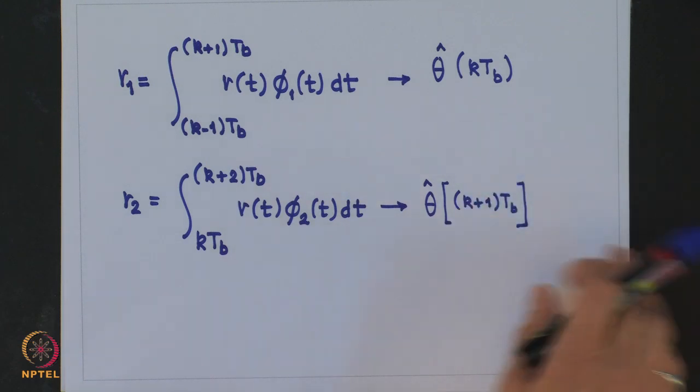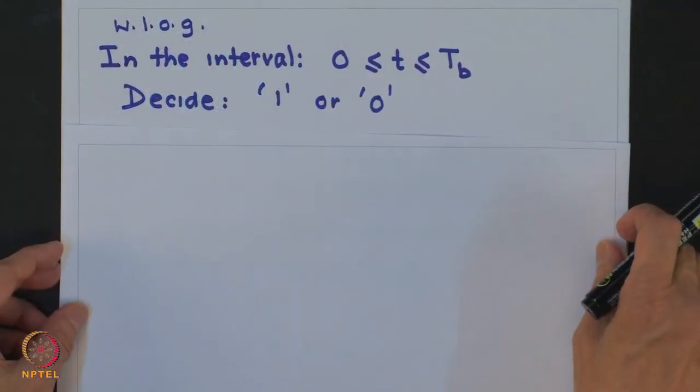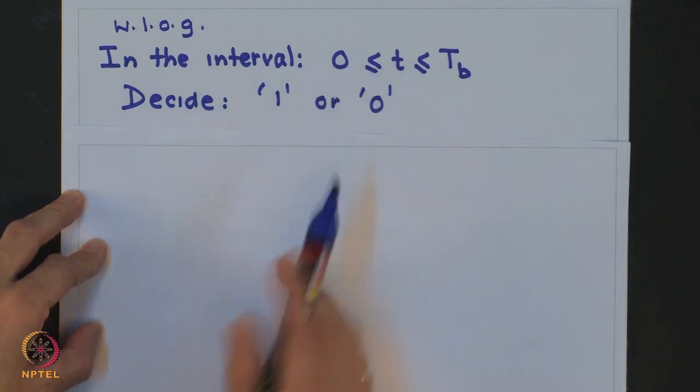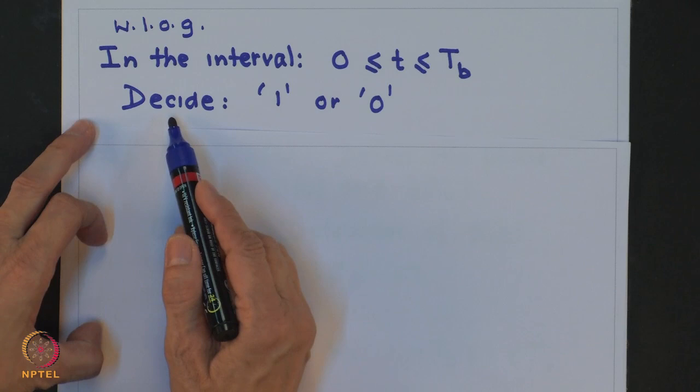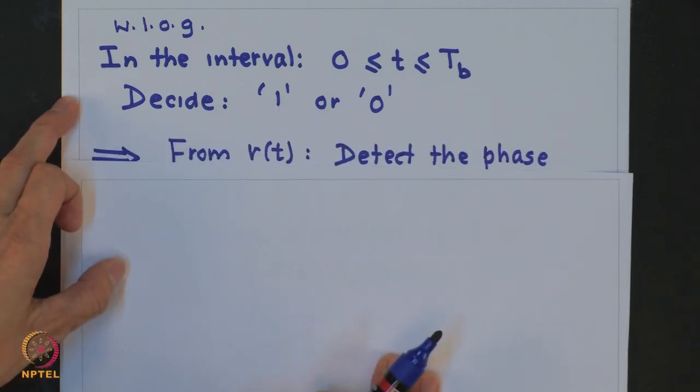So, this is for any general (k+1) interval. Right? Okay. So, without loss of generality, let us restrict our discussion to the first bit interval, that is from t equal to 0 to t equal to Tb, and the same argument can be extended to any other interval. In the interval between 0 and Tb, we have to decide which symbol was transmitted, 1 or 0.